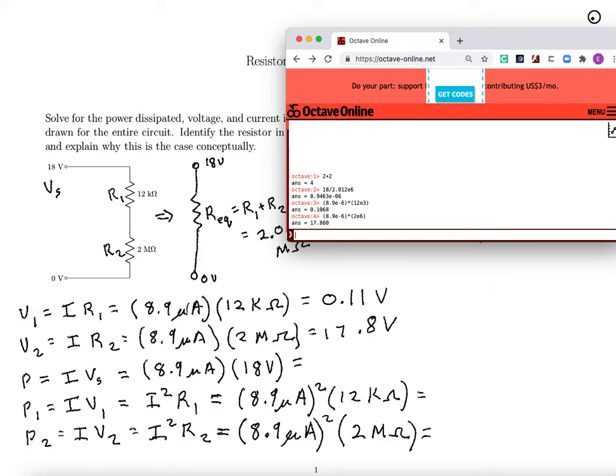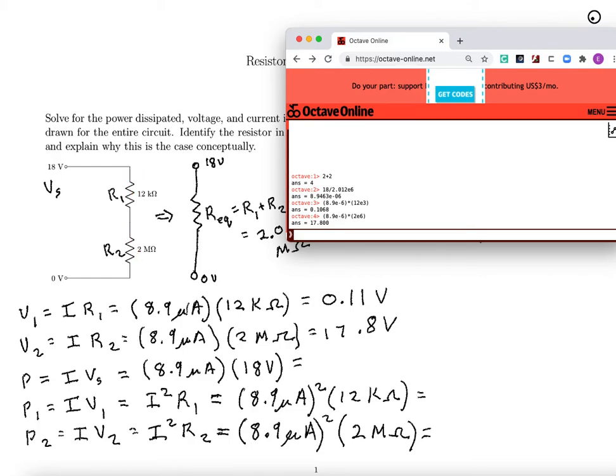Now notice that 17.8 plus 0.11 is very close to within rounding errors of two significant figures to 18 volts. So in other words, the voltage drop across the first resistor plus the voltage drop across the second resistor should equal the total voltage drop.